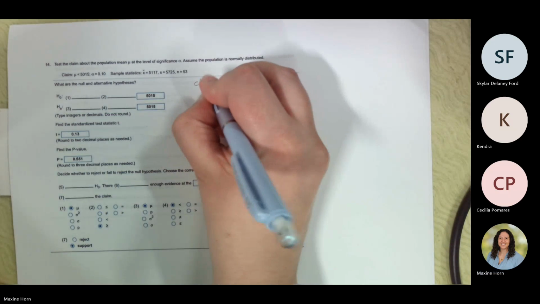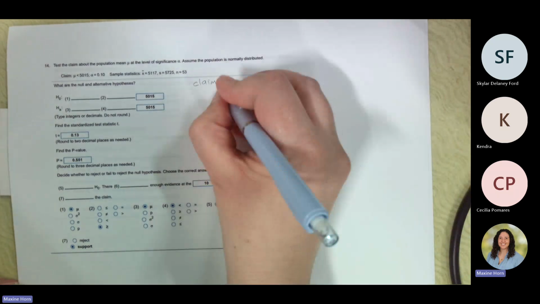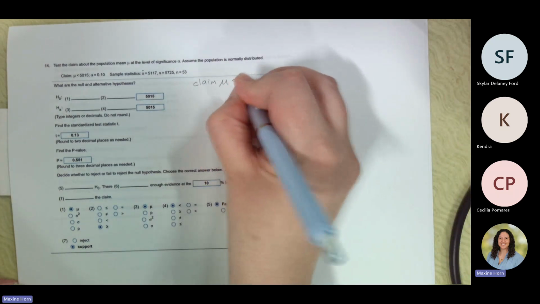All right. Number 14, test the claim about population mean at the level of significance alpha. Assume it's normally distributed. Okay. So again, got our claim is that the mean is less than 5115.